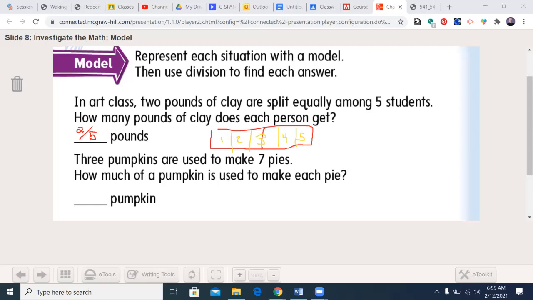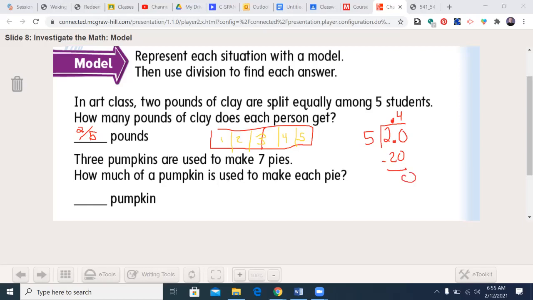If we were doing this as a straight division problem, I would have 2 divided by 5. 5 doesn't go into 2, so I'm going to need to annex zeros. And when I do that, I add my decimal point at top and bottom, and I put a 0. 5 goes into 24 times. 5 times 4 is 20.